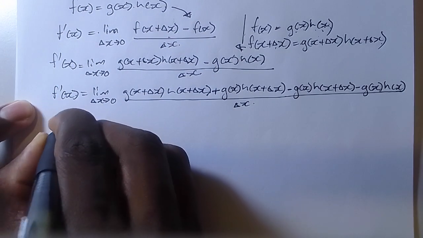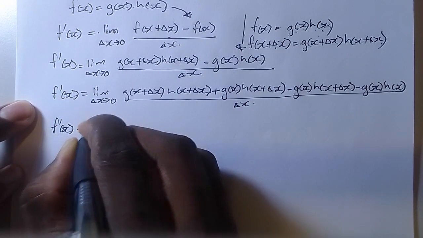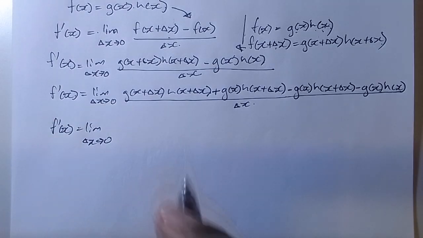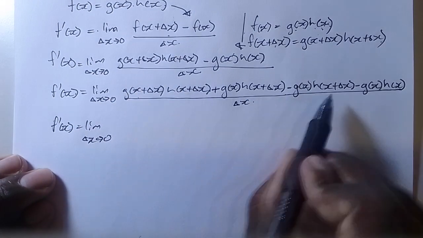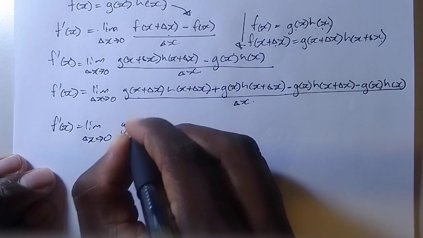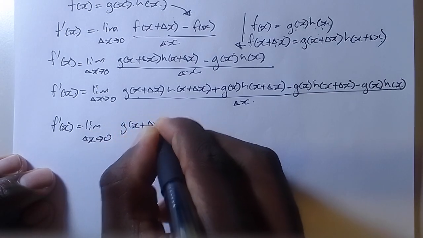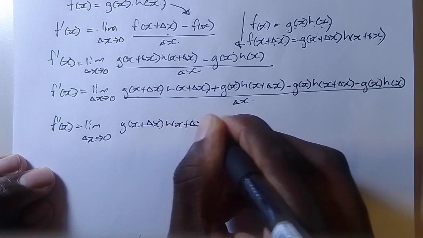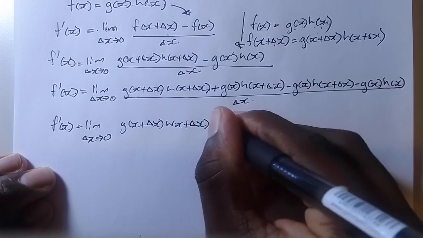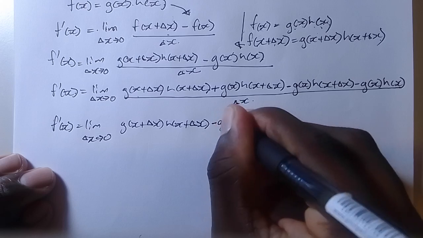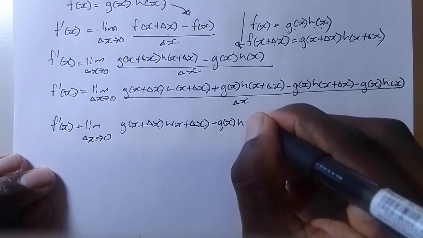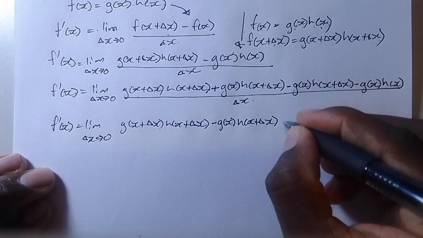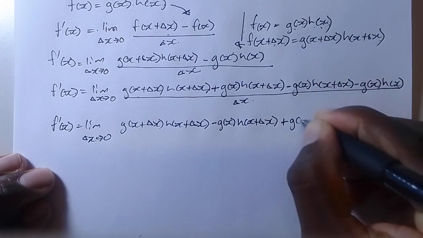So we have f prime x is equal to the limit as delta x approaches 0 of, I'll take this closer to this, which is g of x plus delta x, h of x plus delta x, and then you say minus g of x, h of x plus delta x. You will see the reason why I'm bringing it this side pretty soon.